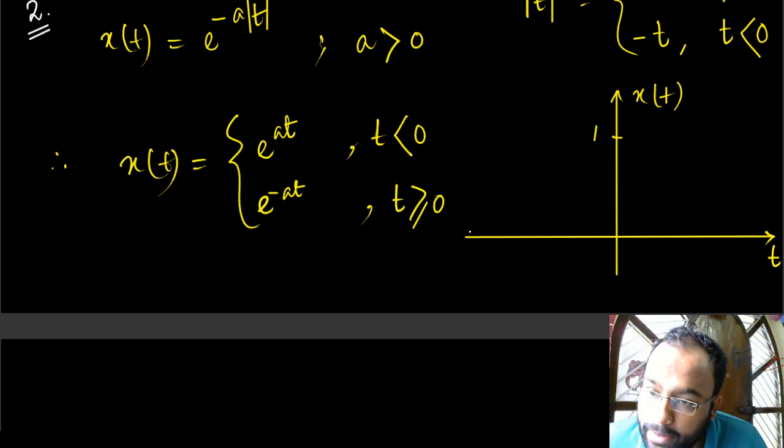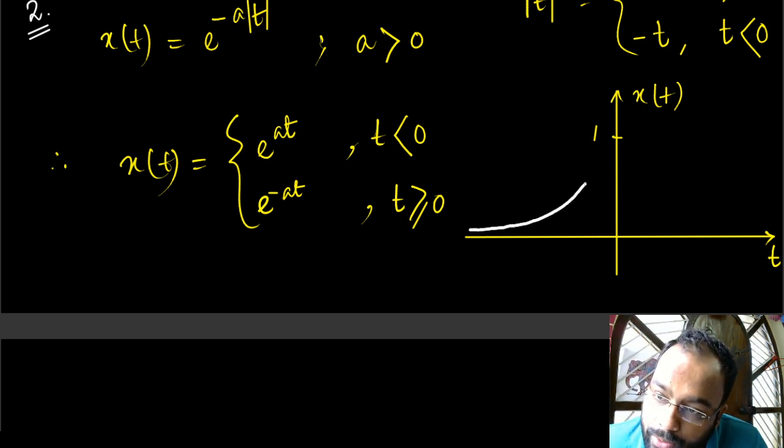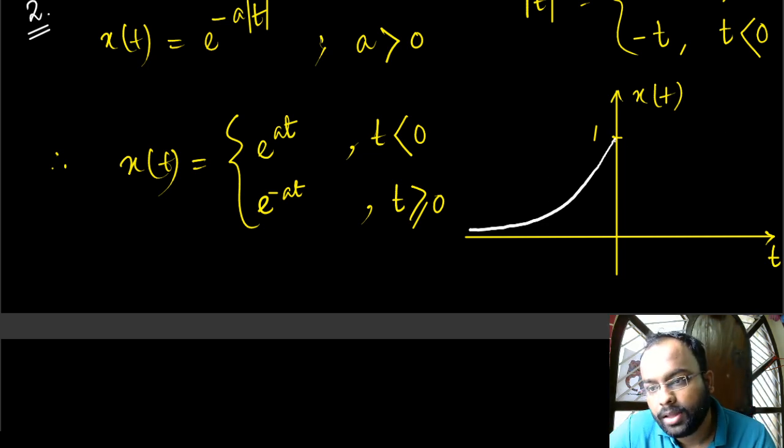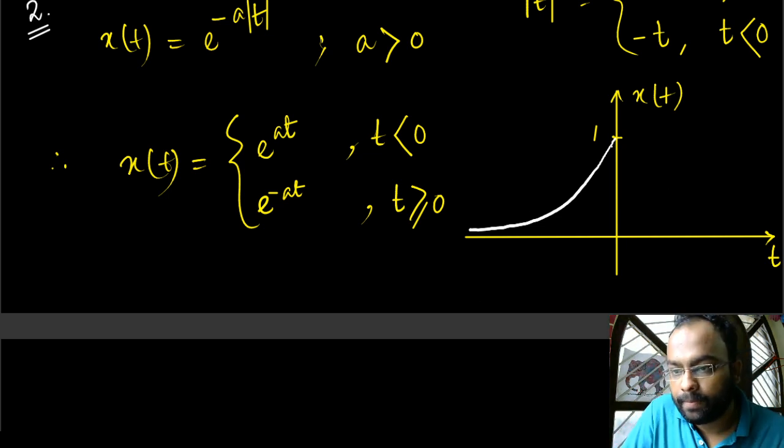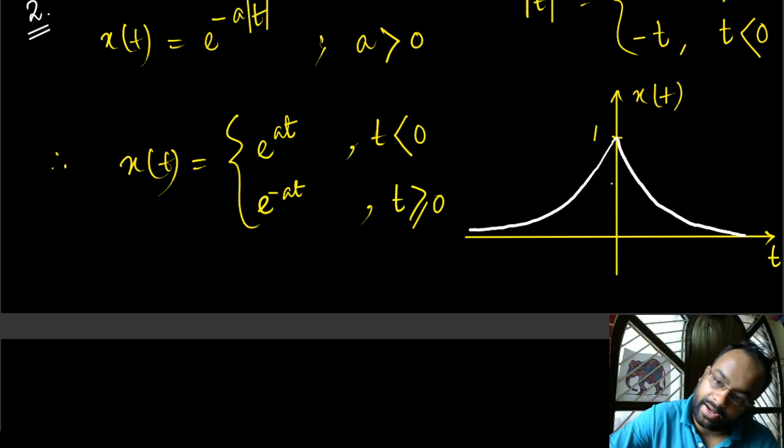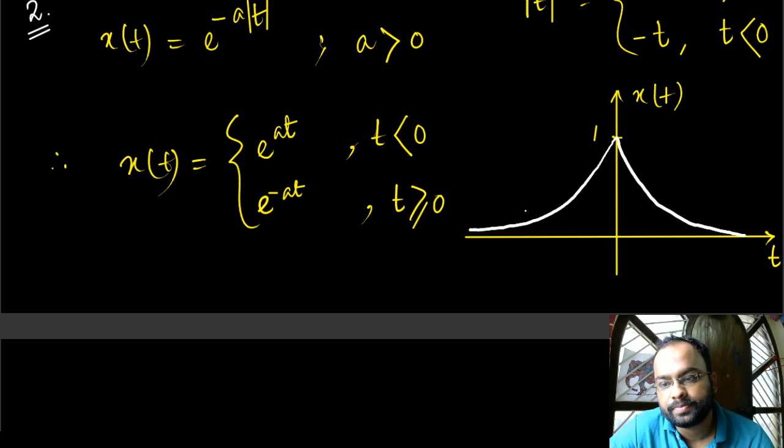I should really be able to figure out a way of drawing this without exhausting myself. And that is how it decays in this direction, and that is how it decays in this direction.